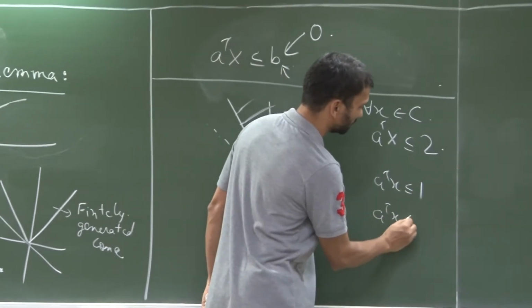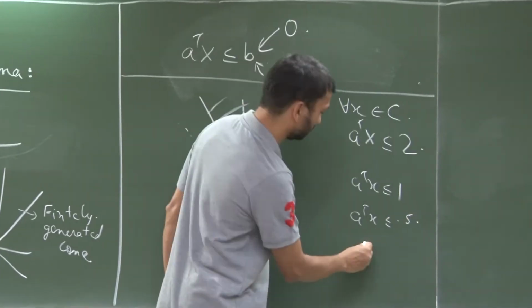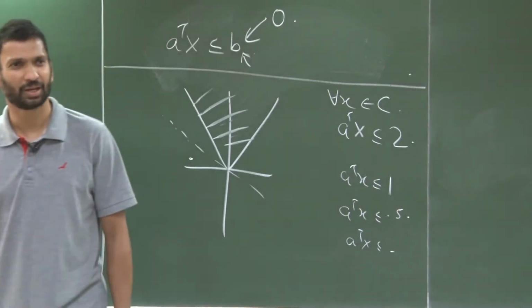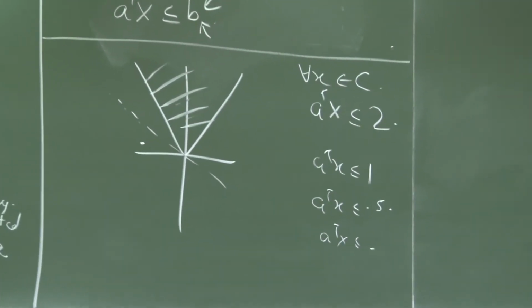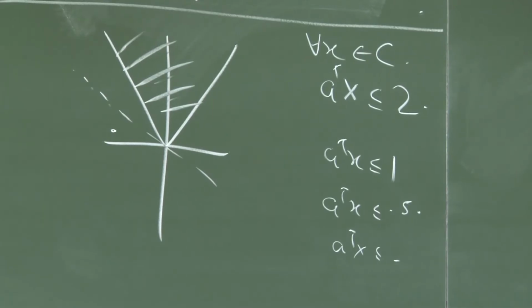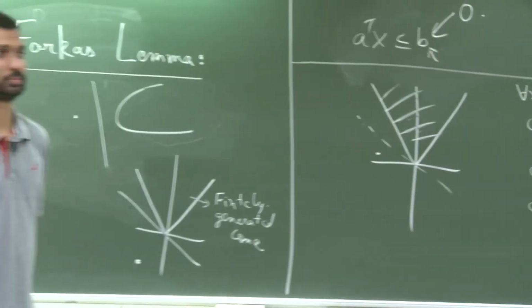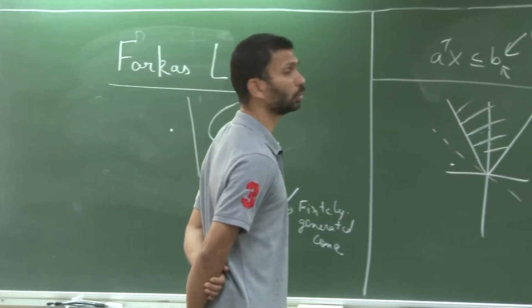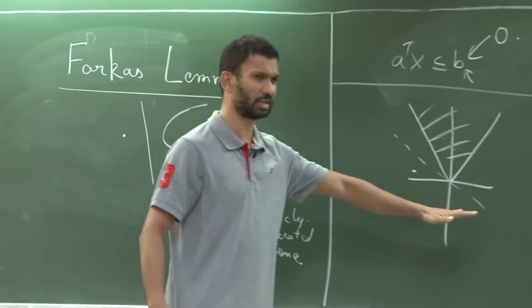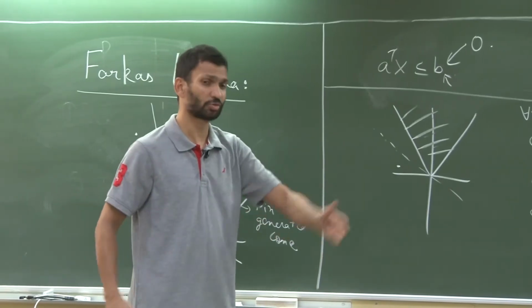A transpose X less than equal to 0.5. A transpose X, whatever you want. Why? What do we know about a cone? Here I think there is a clear, simpler reason, which is from the basic definition of a cone.